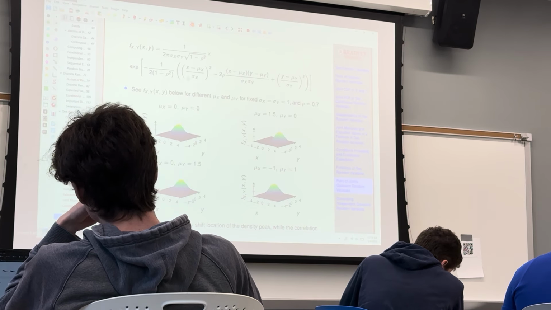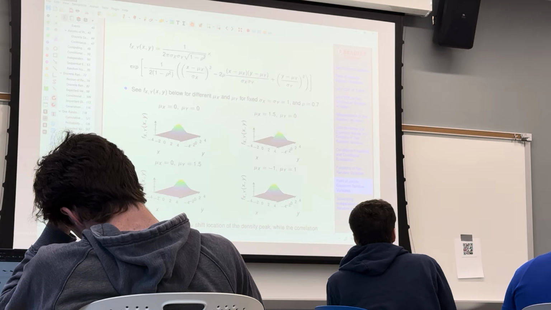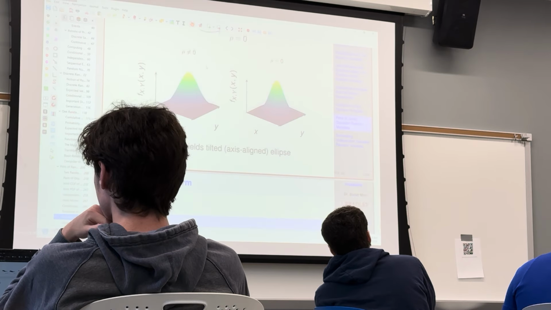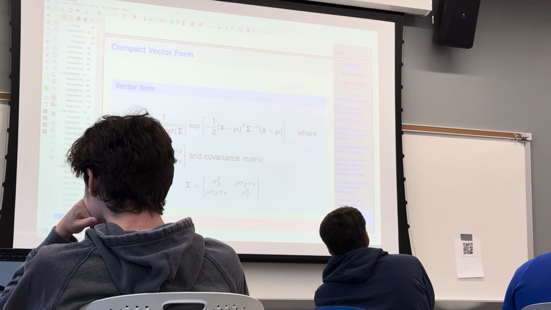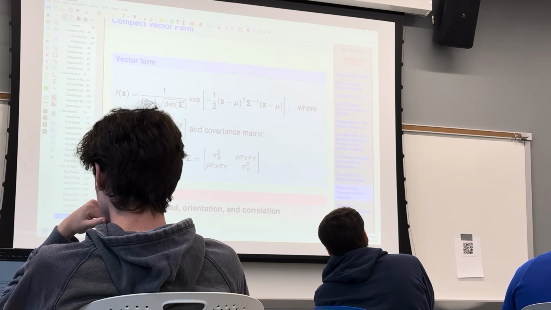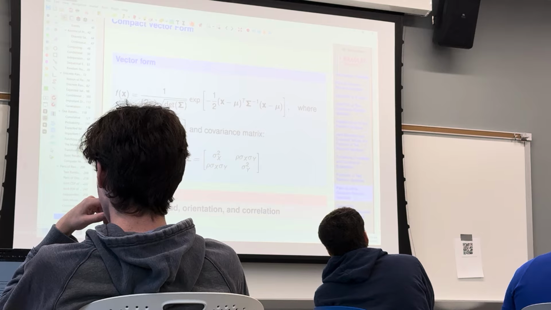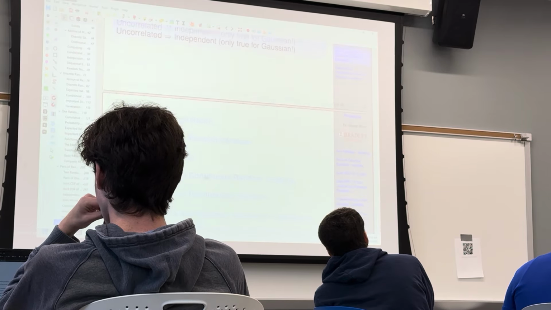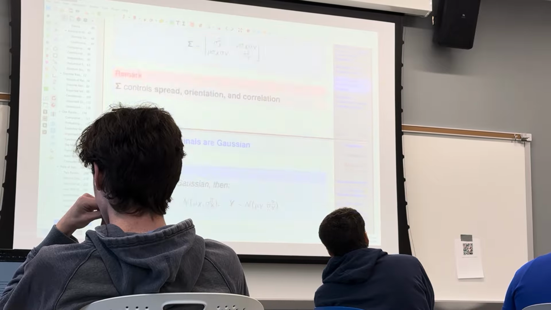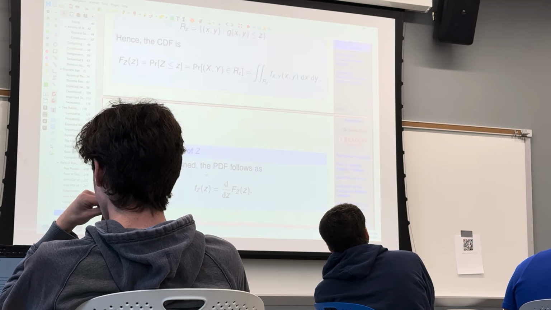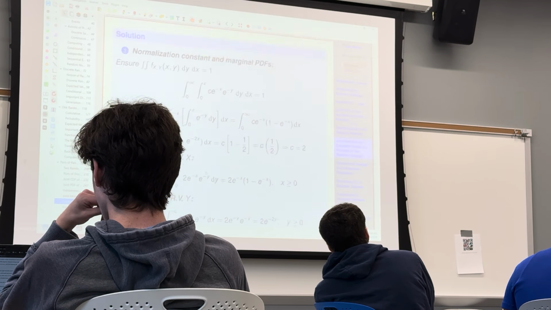See the parameters, how we use the parameters and how they affect the parameters, and therefore they impact directly this vector form equation, which is jointly Gaussian random variable and their covariance matrix, mean vector and then covariance matrix. And then all of these are used in the final example. There was an example.